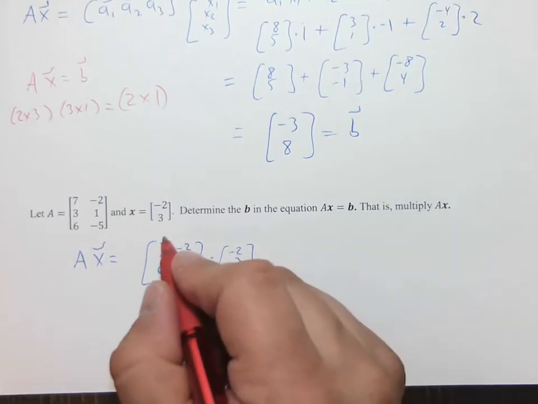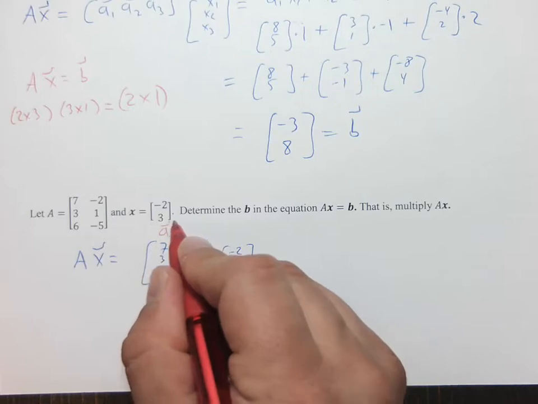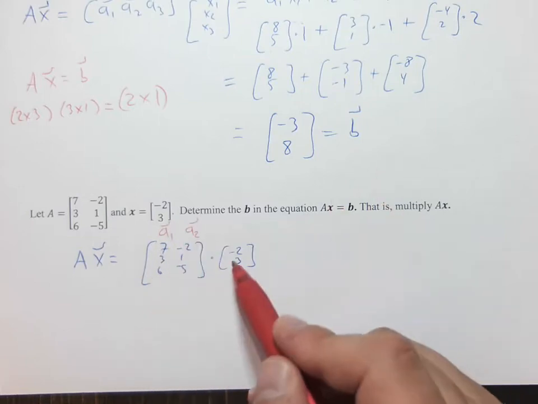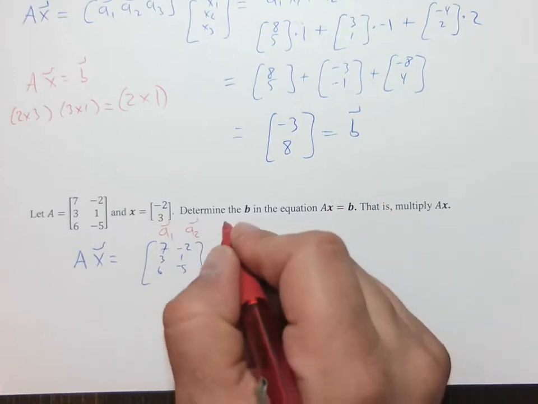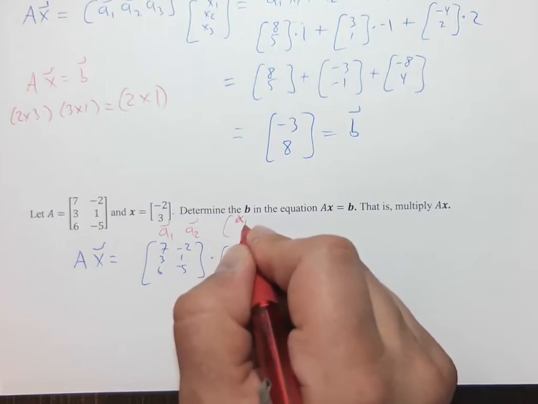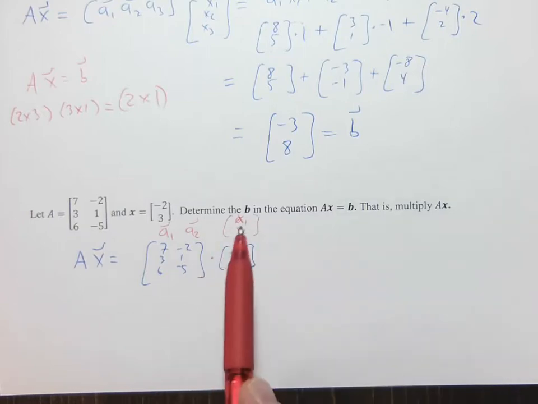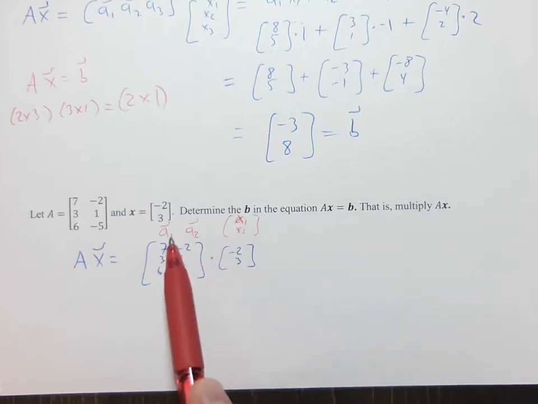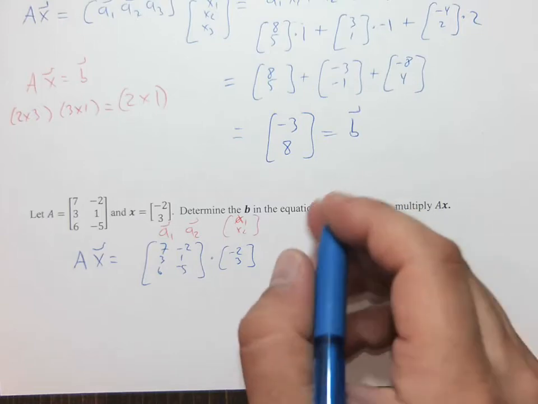Now, this one will work because we've got two columns, a1 and a2, and we've got two entries in the x's, right? x1, x2. And so each one of these columns gets the weights in the vector x. They match up, and so we can do this multiplication.